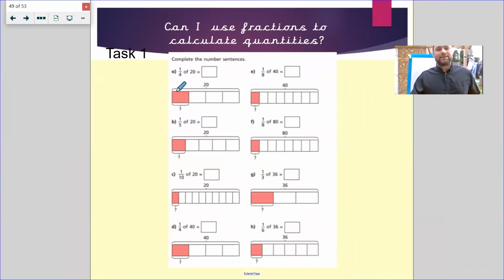So complete the number sentences. 1/4 of 20 is 5. For B, 1/5 of 20 is equal to 4. 1/10 of 20 is equal to 2. 1/4 of 40 is equal to 10. 1/8 of 40 is equal to 5. 1/8 of 80 is equal to 10. 1/3 of 36 is equal to 12.